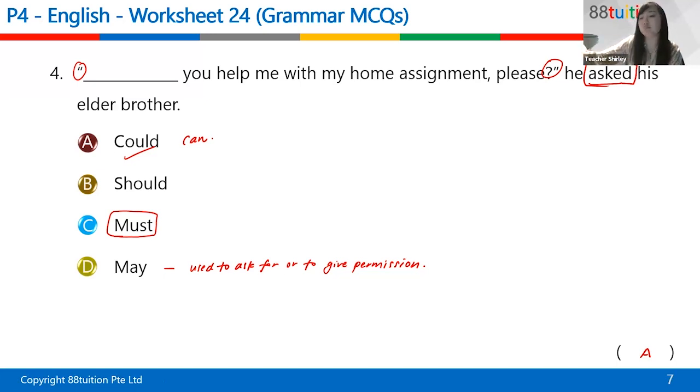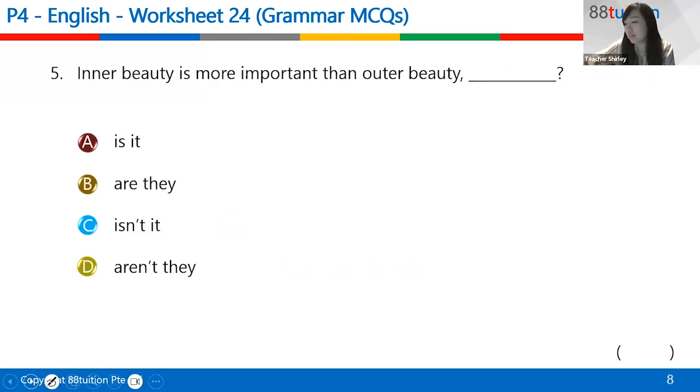Okay, must is very similar to should. Okay, you are obliged. Basically, you're obliged to do something. Okay, should is something that you have to do, but not necessarily. Okay, it's highly probable. Okay, that's should. Okay, now this one.